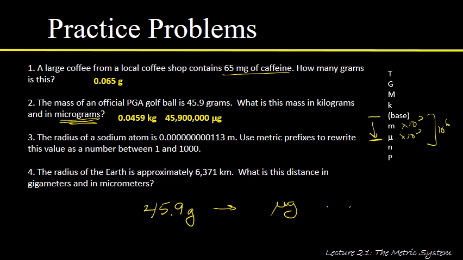And we've got to move it 6 spots, and because we're going from grams to micrograms, we're making the unit smaller. That means we're going to have to make the number bigger. So to make the number bigger, let me erase here.